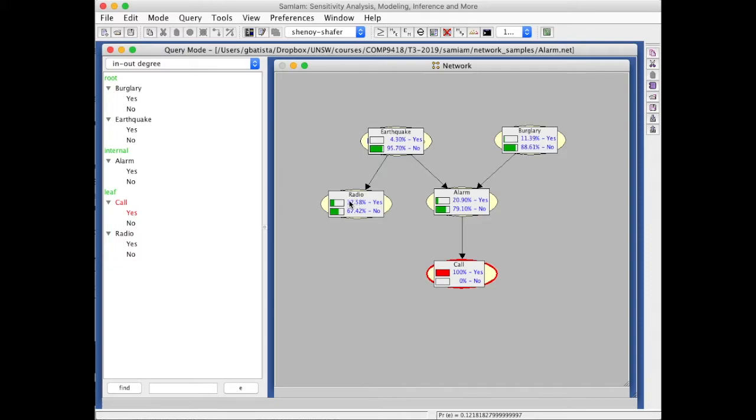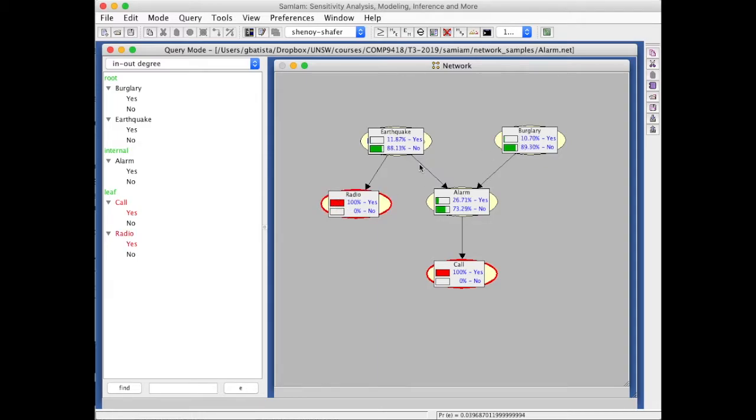So now if we observe radio, it should change burglary, right? It did not happen when we had it here. So just to remind you, you see that it doesn't change the probability of burglary, yes, but now that I have a call observed, and if we listen to a report on the radio, yes, that changes burglary.